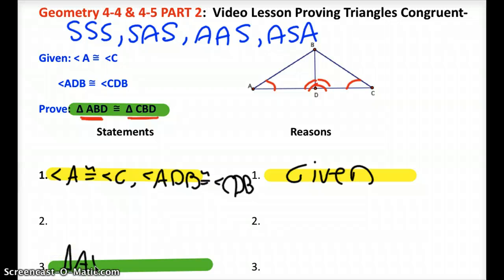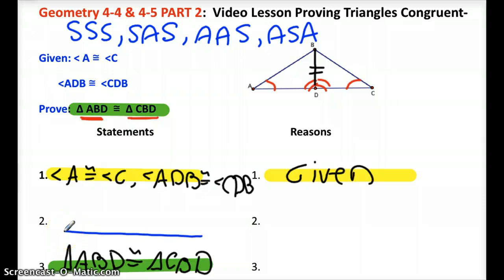Triangle ABD congruent to triangle CBD. Now, if I had given you these two triangles in the last lesson, what additional thing would you have marked so that you could say the triangles are congruent? You would mark this shared side. So you mark it. Now you need to write that down right here.